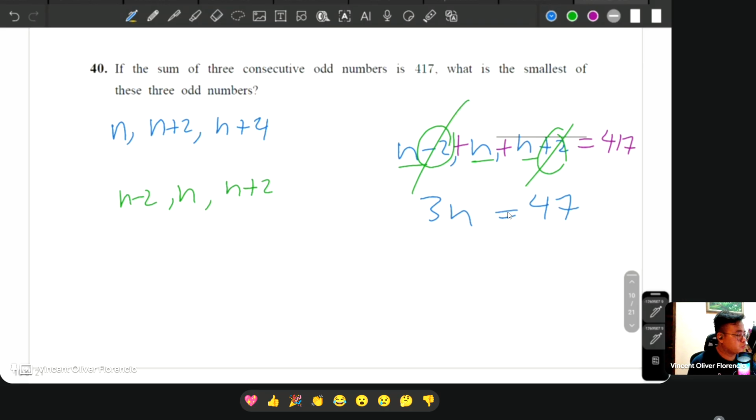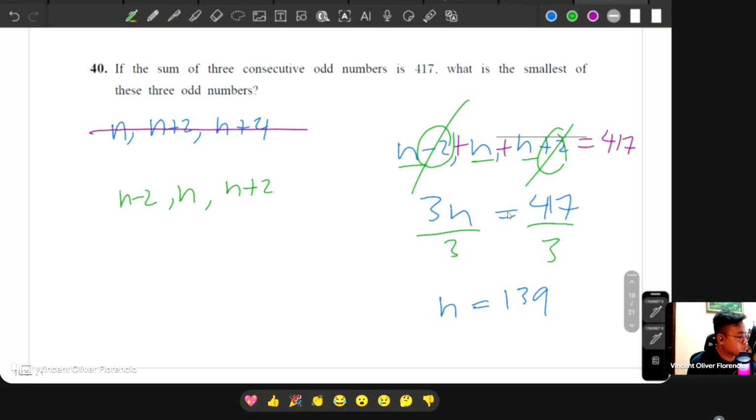Now, if you divide both sides by 3, now we have here n, sorry, 417 divided by 3 should be equal to 139. But is that the question? The question is find the smallest. So if, again, now we didn't use this one, use the second one.